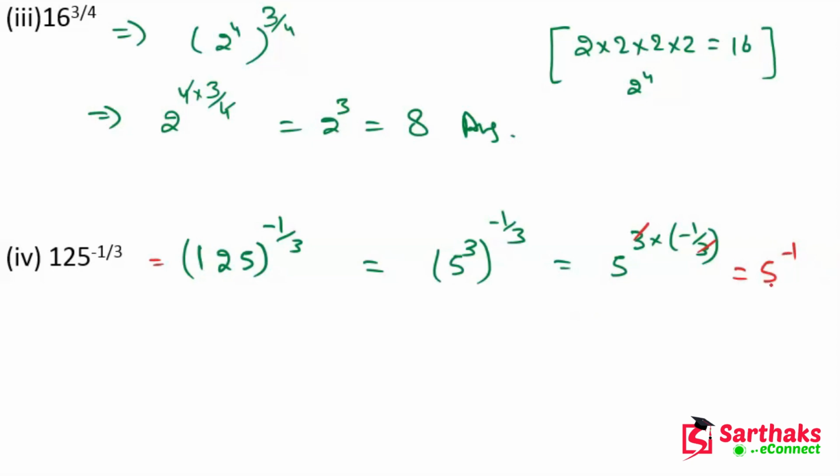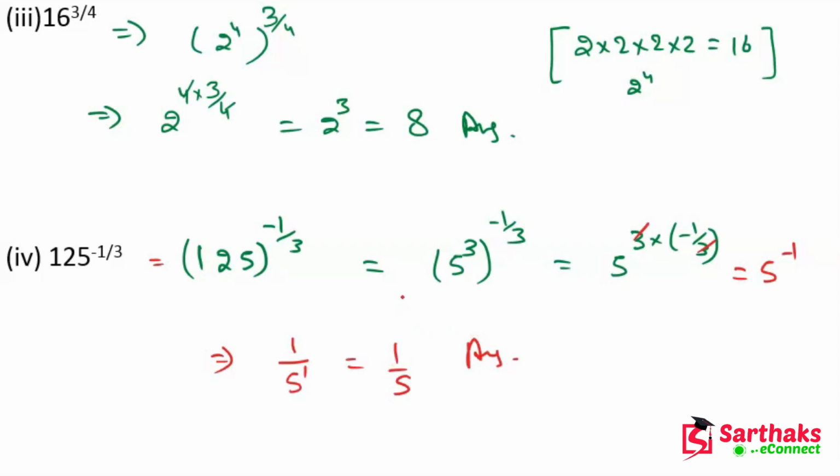Now my dear friends, here the power is negative. So this will become 1 upon 5 raised to power 1. If we want to make the power positive, we have to shift the numerator to the denominator. So we get the positive power. So we have 1 upon 5 raised to power 1, which is equals to 1 upon 5. I hope you understand these things.